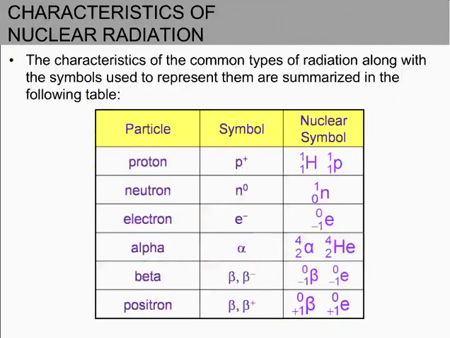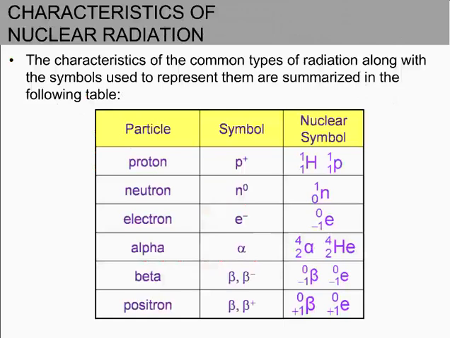Okay. So I already showed you some isotopic notations for a couple of the different particles we talked about. Down below, I have a list of those different particles, and then the nuclear symbols or the isotope symbols for each of those different particles.